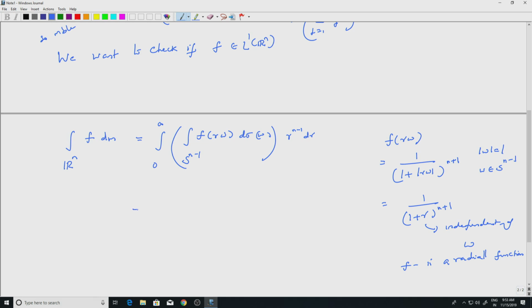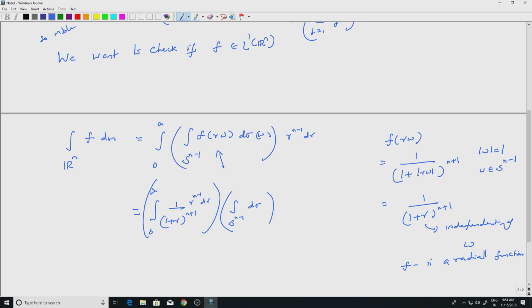So here there is no dependence on omega. I have simply the integral over S^(n-1) of d sigma, which is some constant, times the integral from 0 to infinity of 1 over (1 plus r) to the n plus 1 times r^(n-1) dr. The constant comes out.